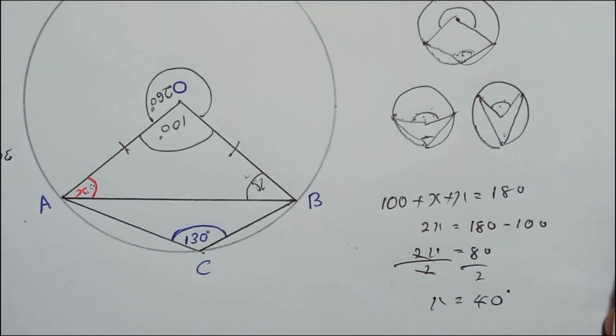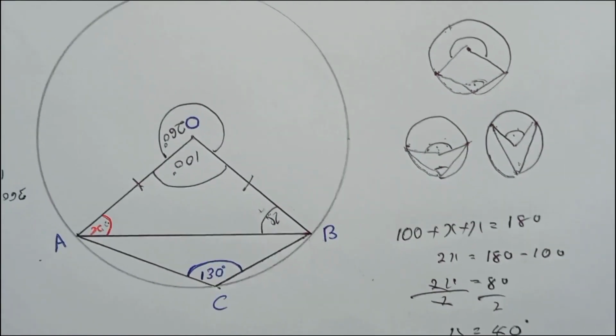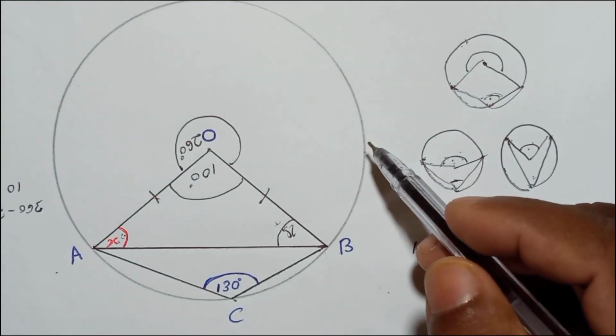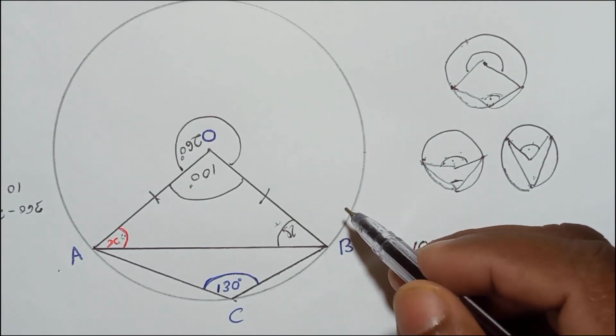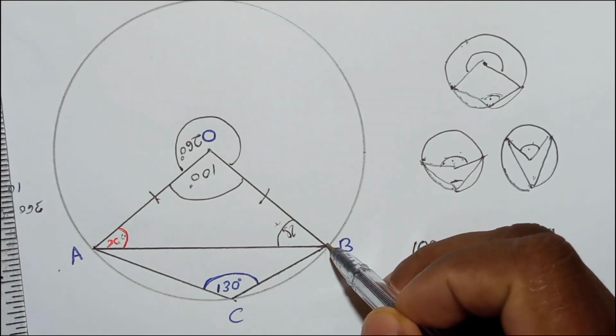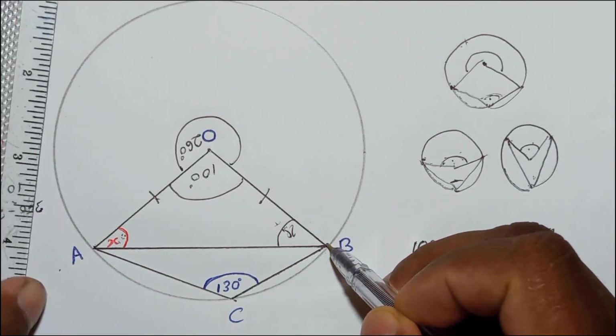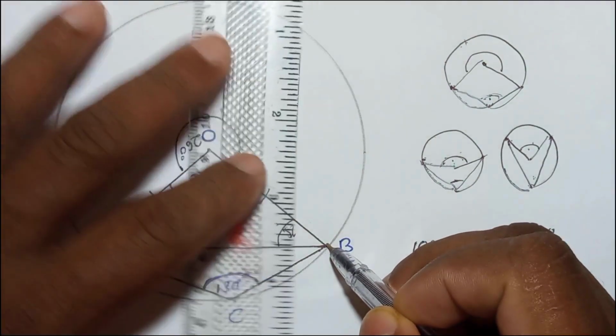But there's another way also. Like I told you earlier, we have another method, and I will show you that quickly. For that you have to make a construction like this. Now we can make a construction here, because it has a theorem.